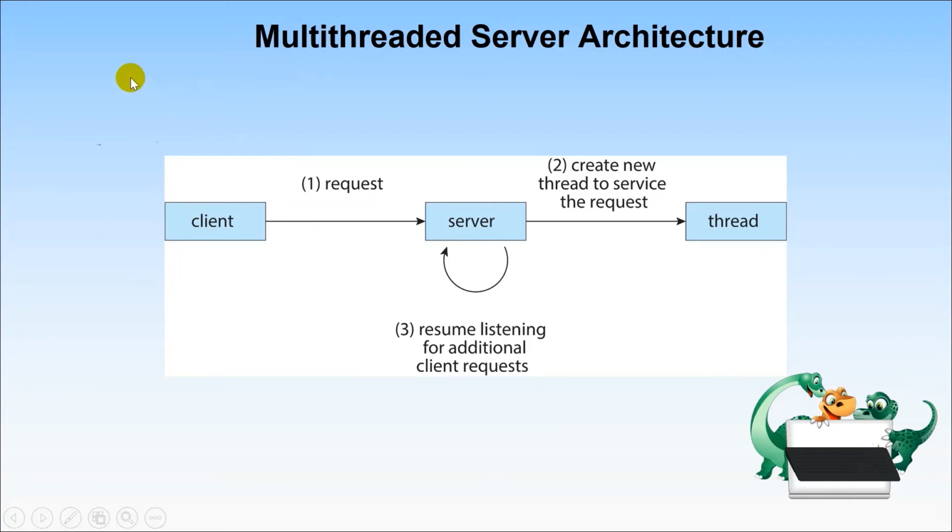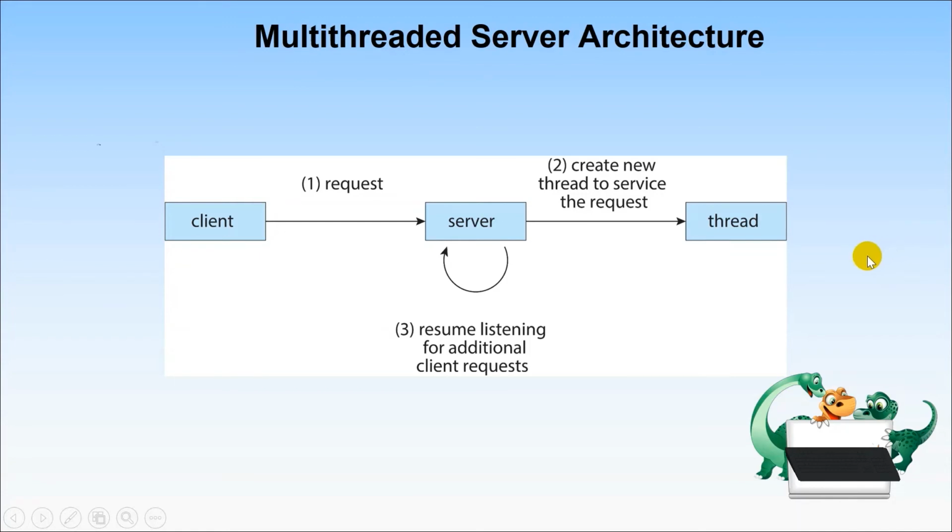Next would be the multi-threaded server architecture. Another example of threads, like the MS Word example we mentioned earlier, is the web server. Multiple threads allow multiple requests to be satisfied simultaneously, without having to service requests sequentially or to fork separate processes for every incoming request.